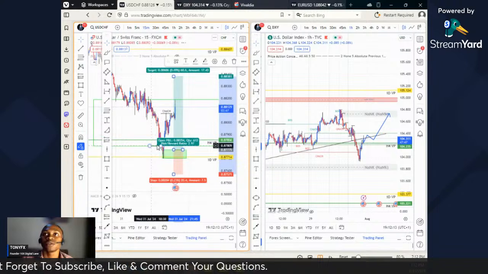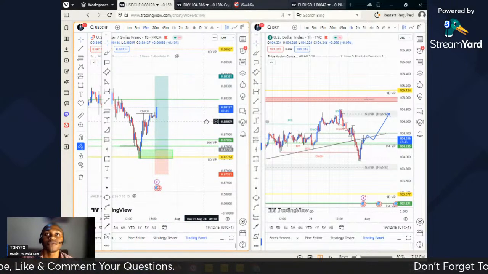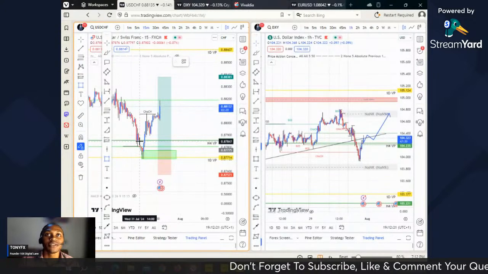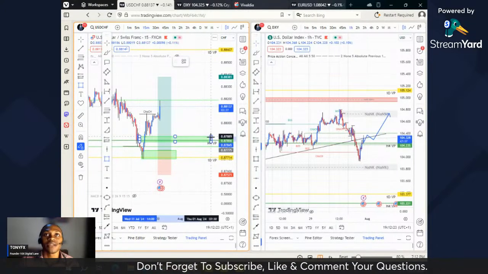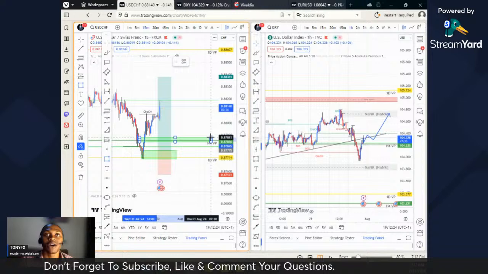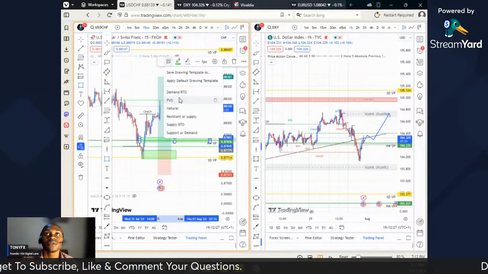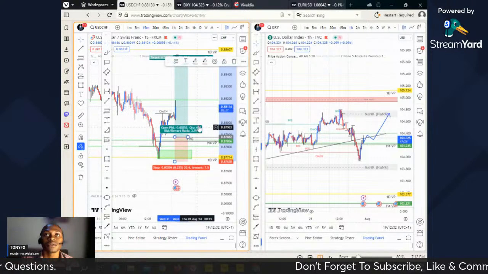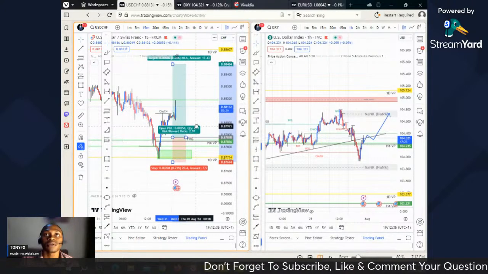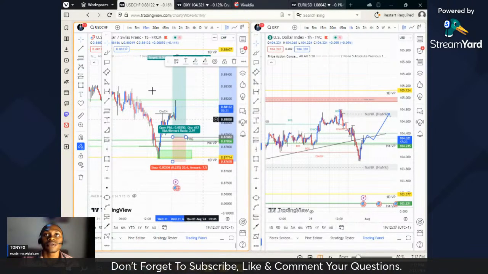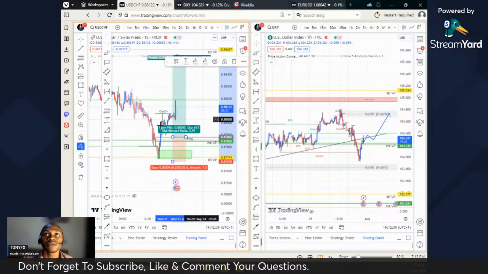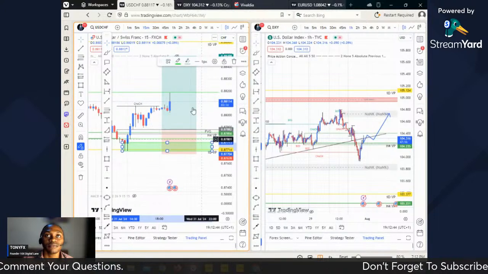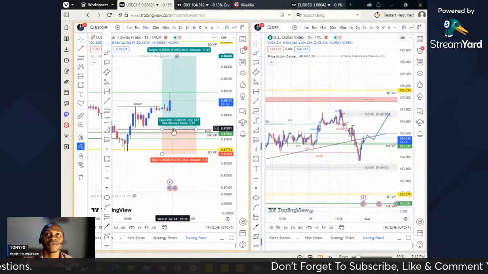That's what I see for USDCHF because I also see a fair value gap. Either it uses the fair value gap, but there is high chance the market will still go more down into this zone. So this is what I see for CHF.